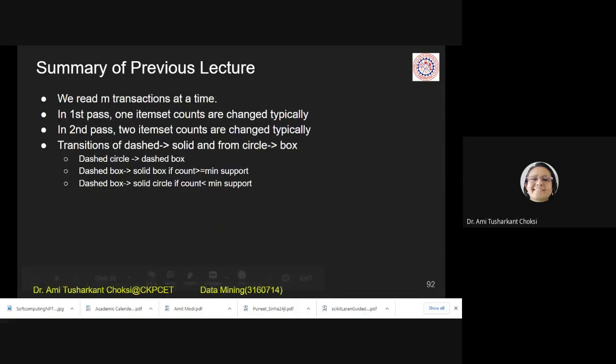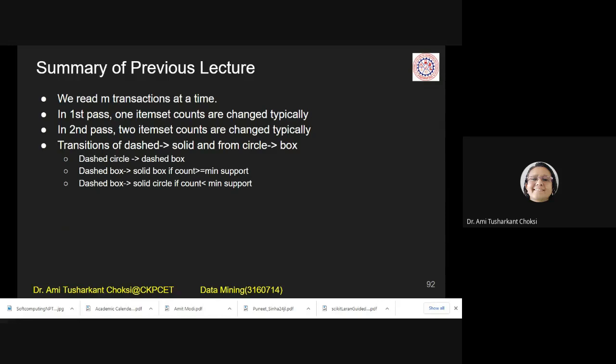So we read M transactions at a time. Whatever M is, that is specified in the problem.